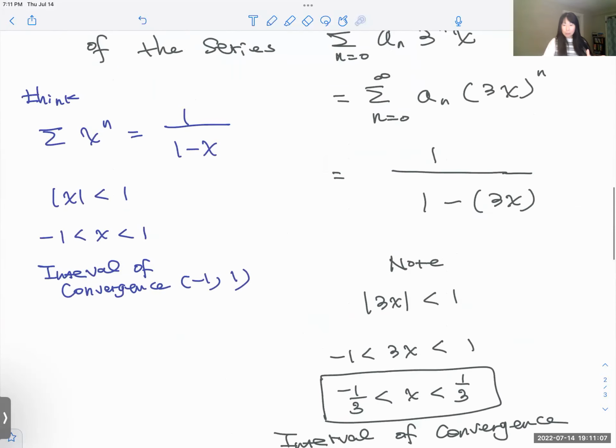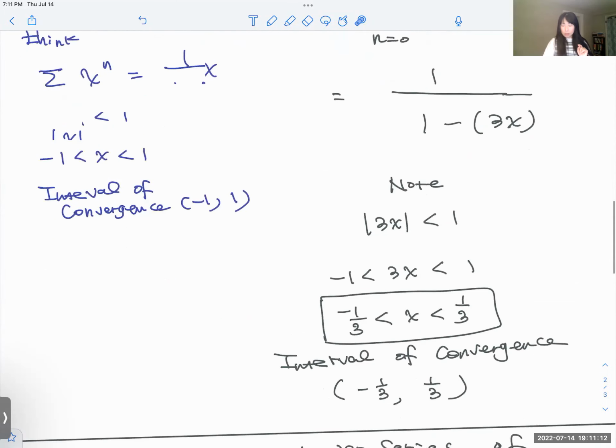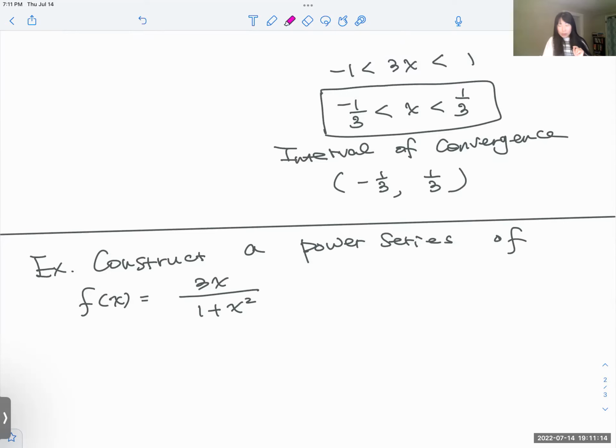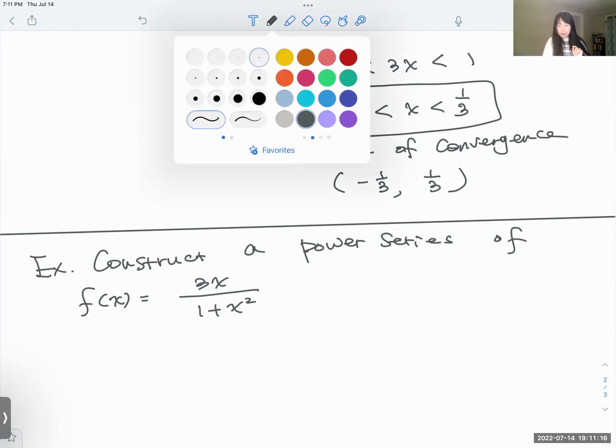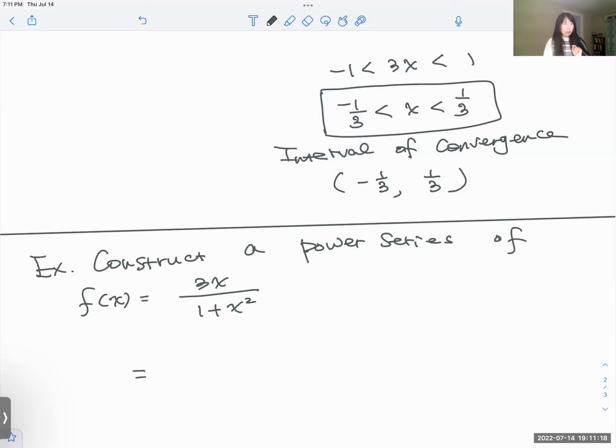All right, then look, we're going to say this one is equal to 3x, and then 1 over, and since we have an addition in the denominator, we're going to make it 1 minus negative x squared to make positive x squared, right?